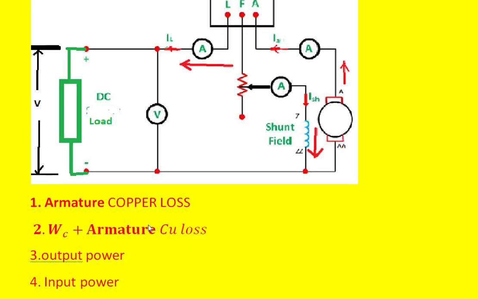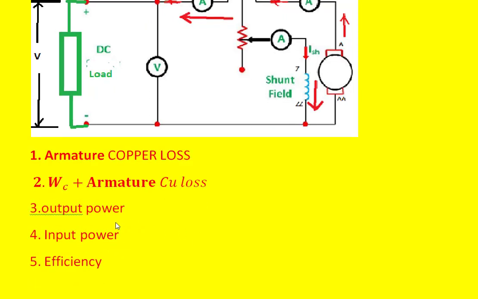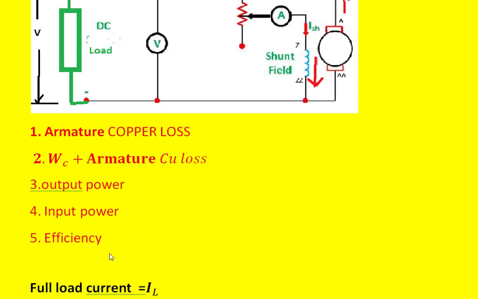Once you know the total loss, we can calculate the output power. Output power is nothing but load power, that is, this V into this IL. Then what is the input power? Input power is nothing but output plus all losses, that is WC plus armature copper loss. Once we know the output power and the input power, we can calculate the efficiency.